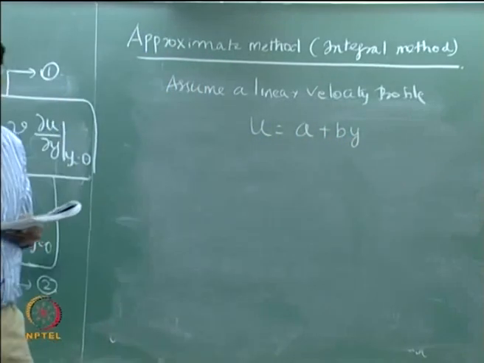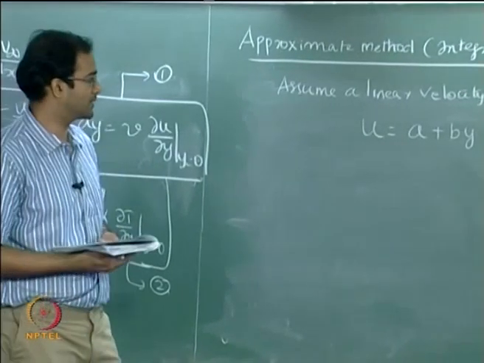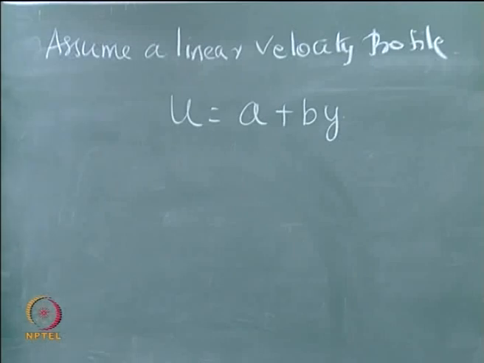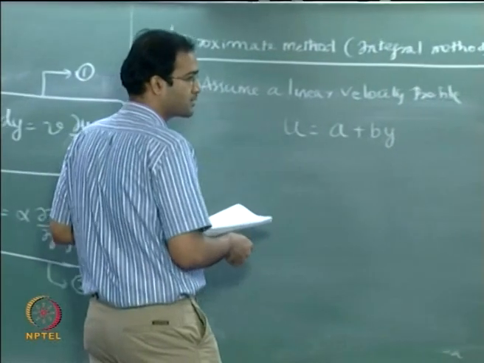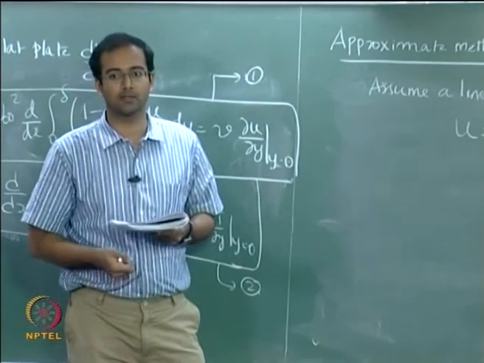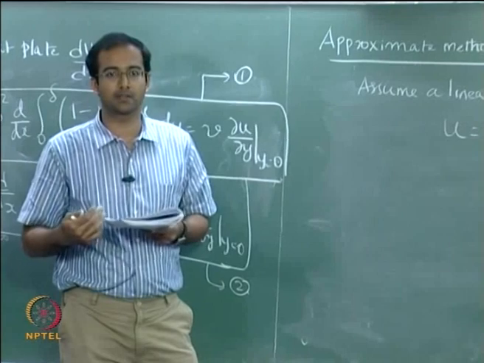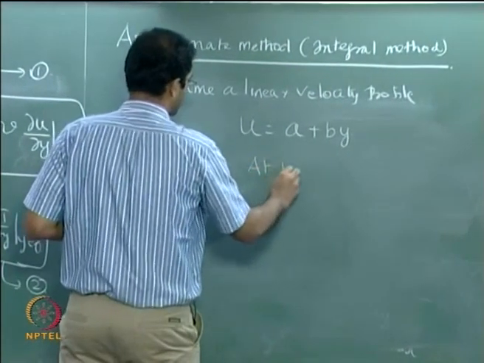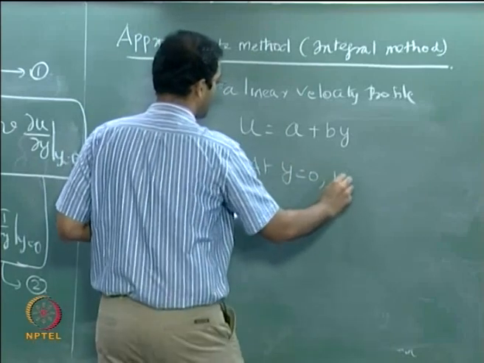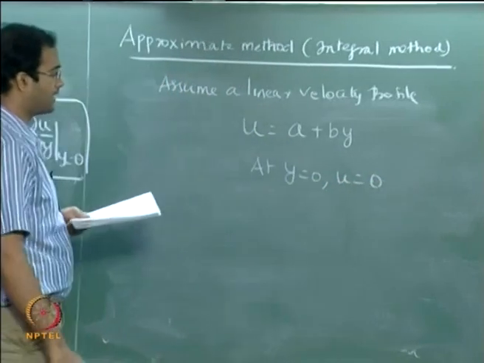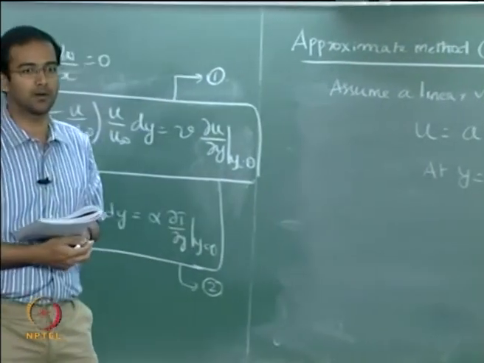This is the linear form of the velocity profile that I am assuming. In order to get the constants a and b, I have to satisfy boundary conditions. You have to start with the most basic boundary conditions before we go to satisfying the higher order boundary conditions. The most important boundary condition starts from the wall: at y equal to 0, u equal to 0. And after this, what should be the second most important boundary condition?